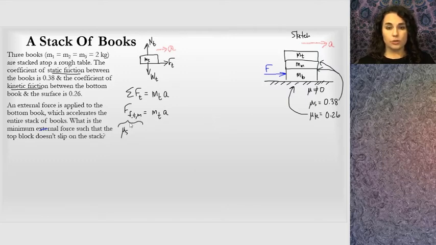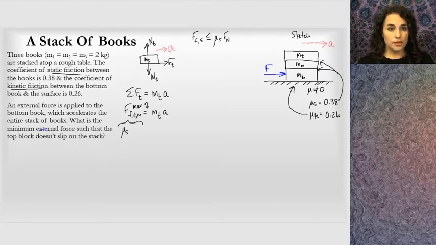And so we're looking at a maximum static frictional force and a minimum acceleration. Remember, the force of friction static is less than or equal to mu s times the normal force. And in this situation, we're going to let it be the maximum value so that we can have an equal sign in here. It then becomes an equal sign.